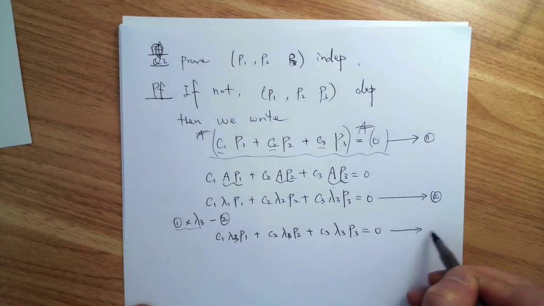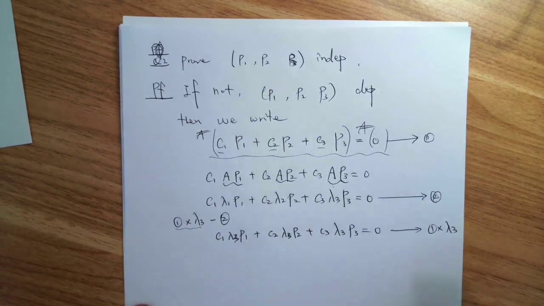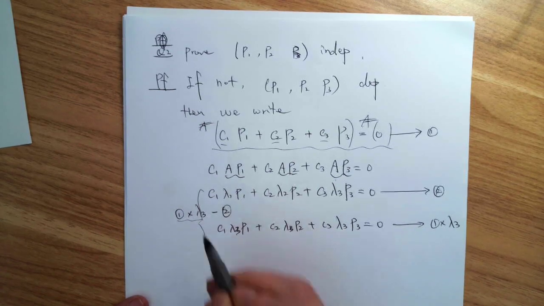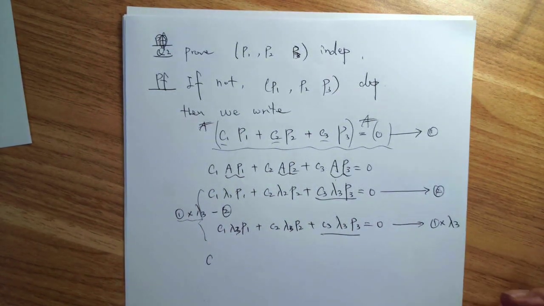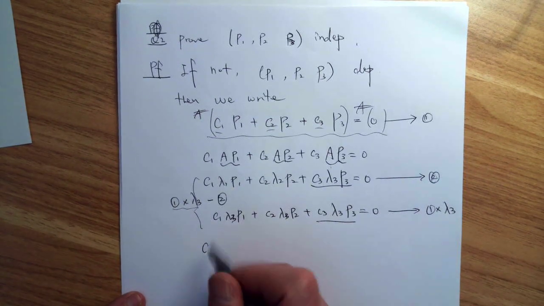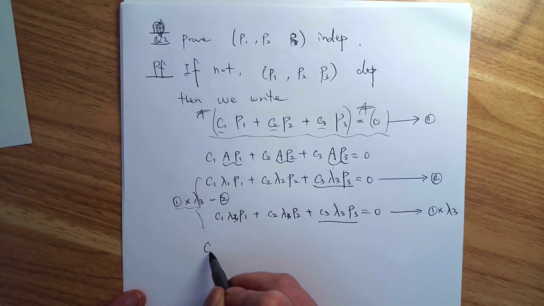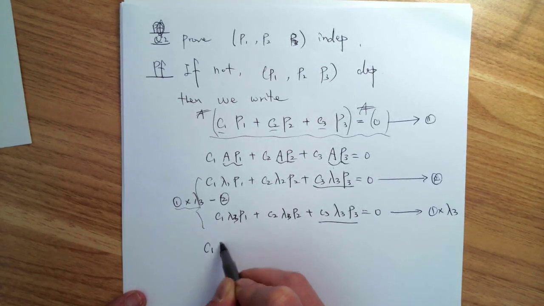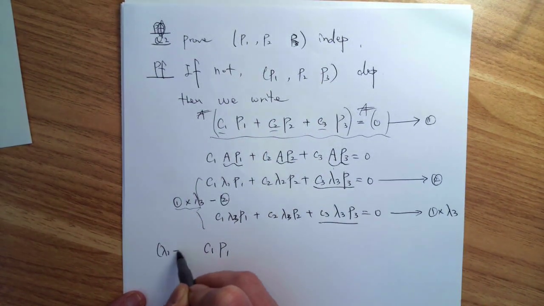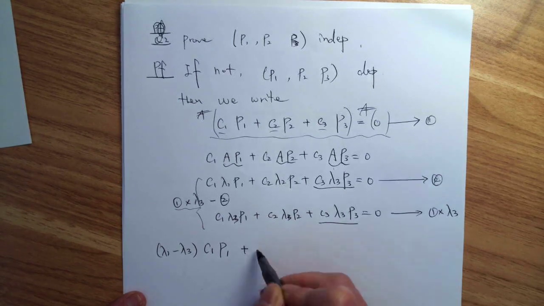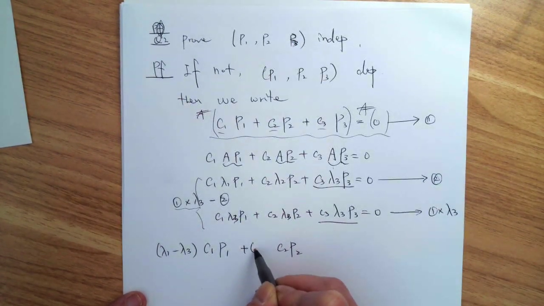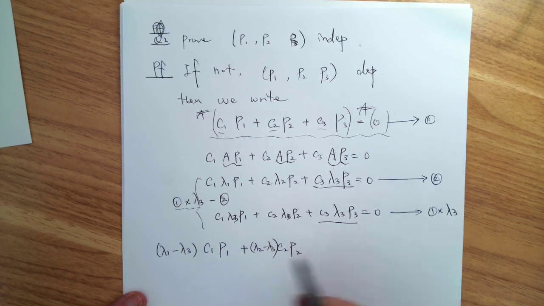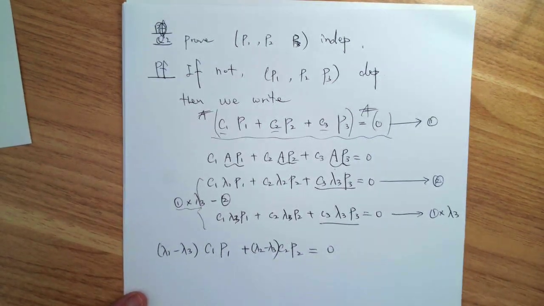And then subtract these two, and of course the P3 terms will be cancelled. That's why we multiply by lambda 3, but the other things are not cancelling immediately. So C1 P1 times (lambda 1 minus lambda 3) plus C2 P2 times (lambda 2 minus lambda 3) equals 0.